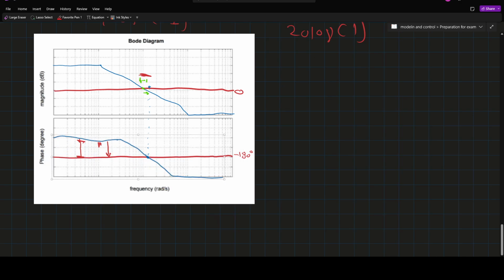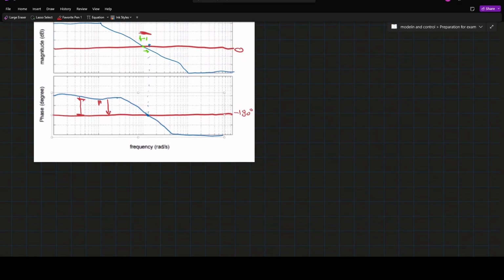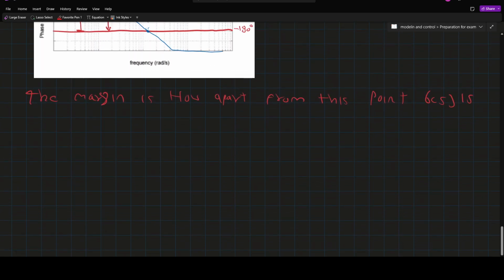So those are the margins that we have to be careful with. And the margin is how far apart g of s is from this point. Okay, so let's do an exercise.